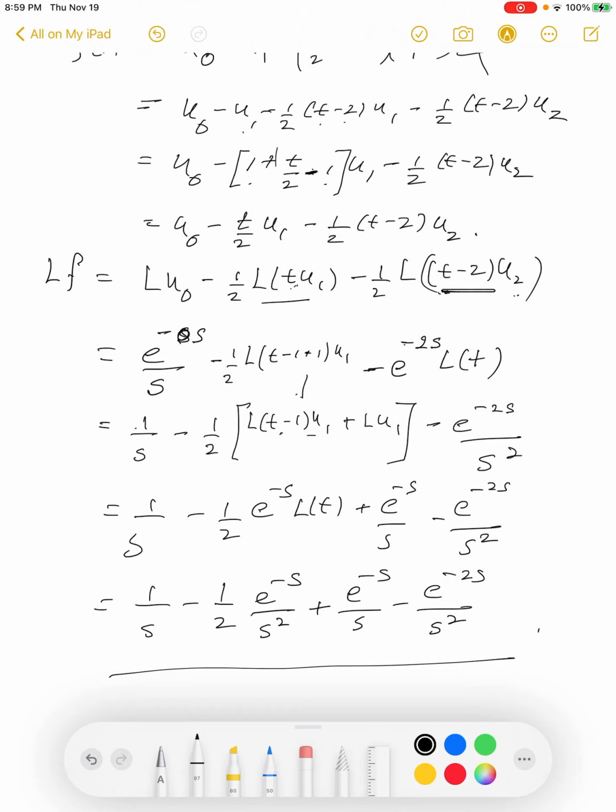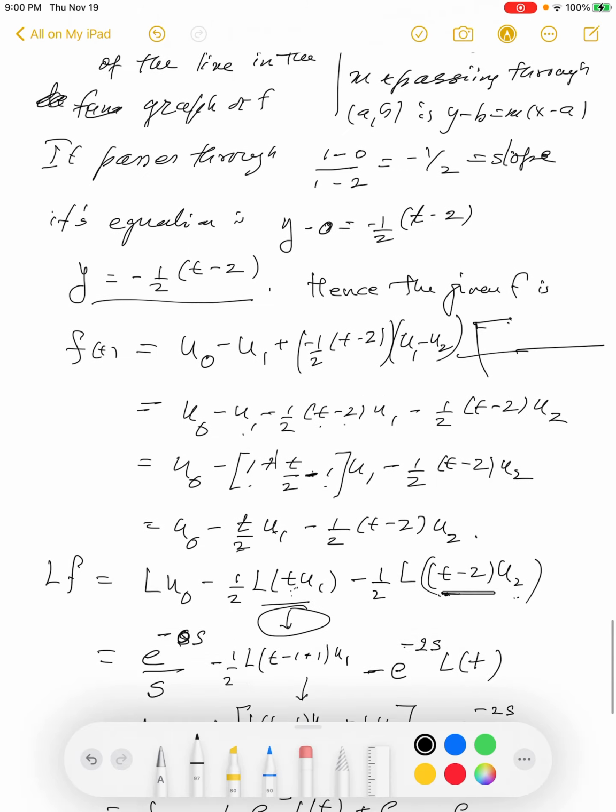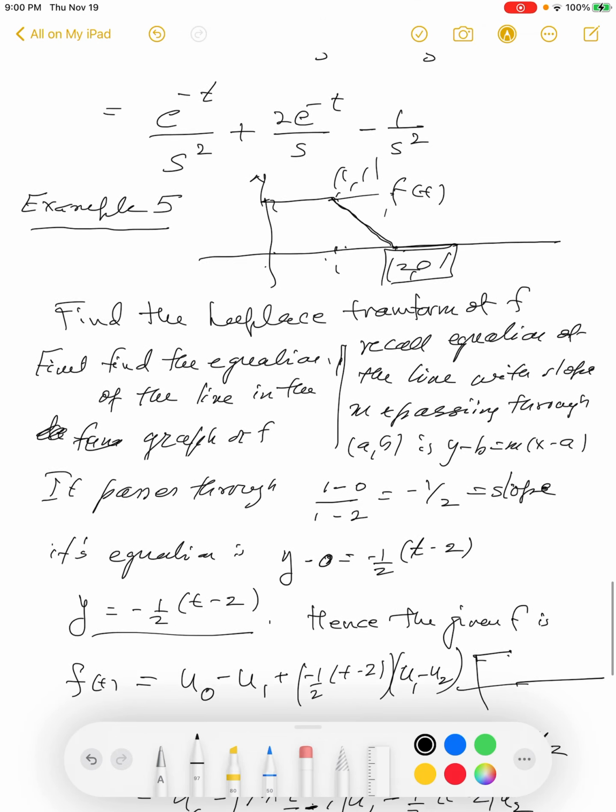So this is the trick that you have to keep in mind, which happened also on the previous problem. Here you want to write t u1 as t minus 1 plus 1 u1. And so this is the thing to watch. And that happened in the previous problem, didn't it?